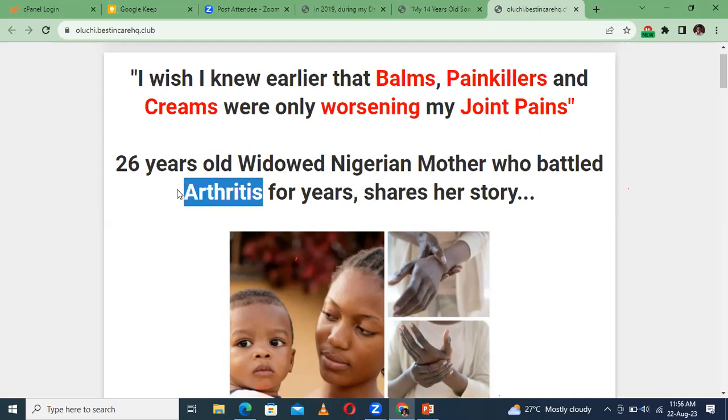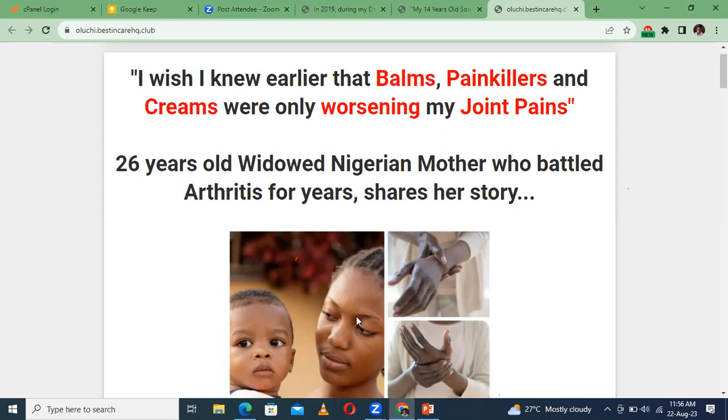Yes, because normally arthritis is an old people condition. So younger people that see this pre-sale page might think, that means I've been feeling joint pain, it should not be that it's actually arthritis, let me see what they have to say. So that's another reason.